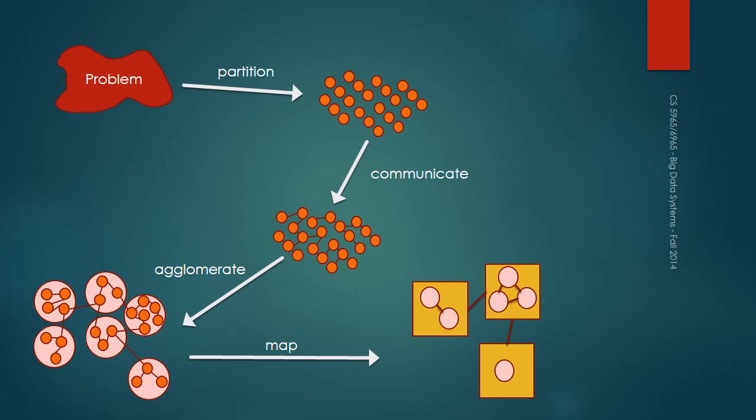What is the level of parallelism? Is it very fine-grained, as you would see in vector instructions or on GPUs? Or is it very coarse, as you would see on large data processing clusters? And once you have this, you can map each of these agglomerated clusters onto specific nodes or processing units in whatever architecture you have chosen.